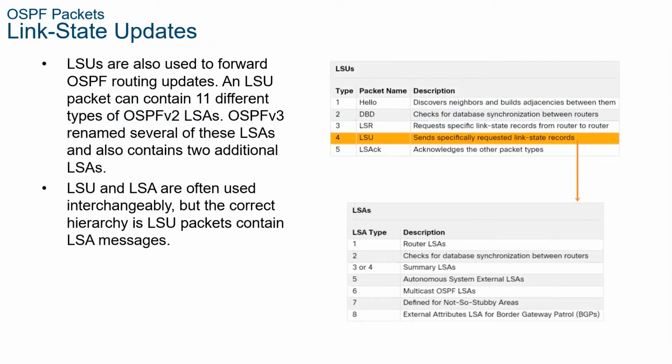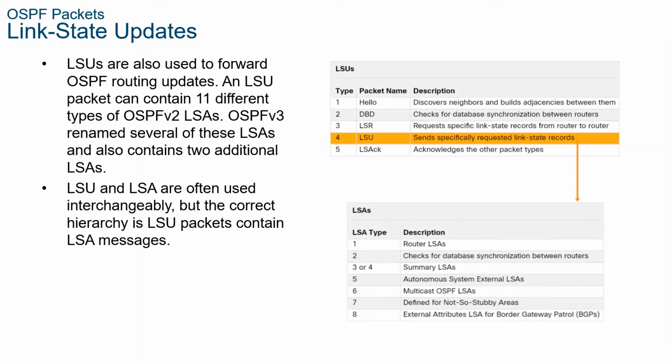Okay, so the next topic is the link state updates. Routers initially exchange type 2 DBD packets, which is an abbreviated list of the LSDB of the sending router. It is used by the receiving routers to check against the local LSDB. A type 3 LSR packet is used by the receiving routers to request more information about an entry in the DBD.